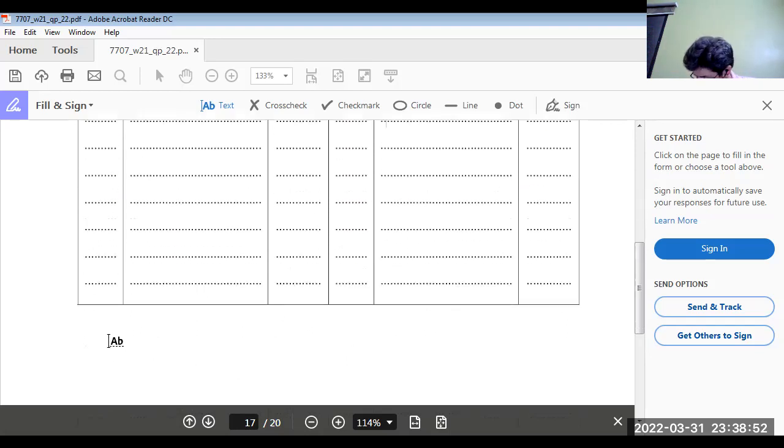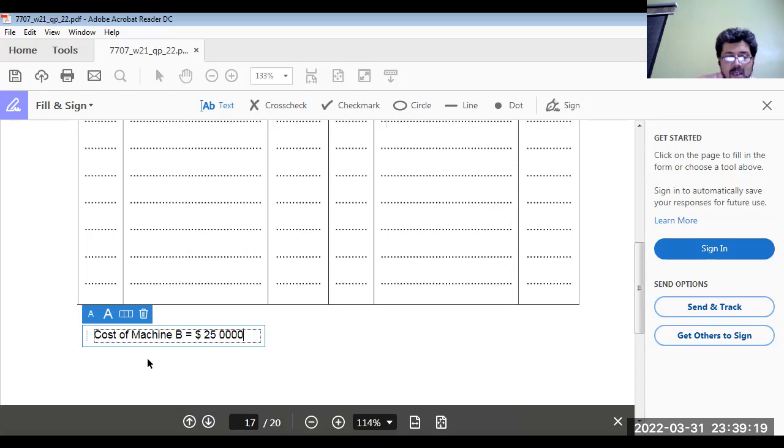Now, the cost of machine B is equal to $25,000. Done. Now, annual depreciation using the straight line method would be how much?